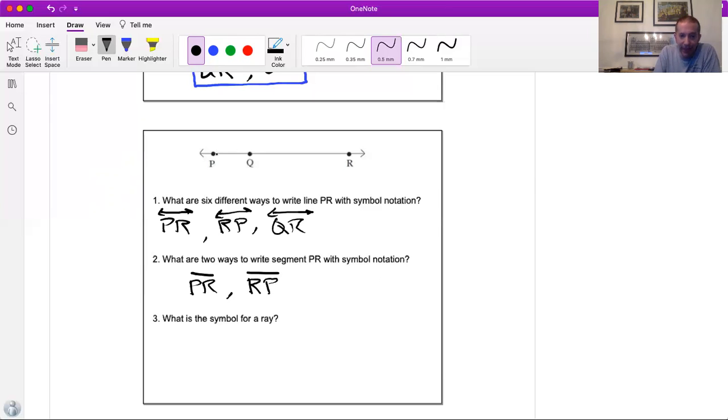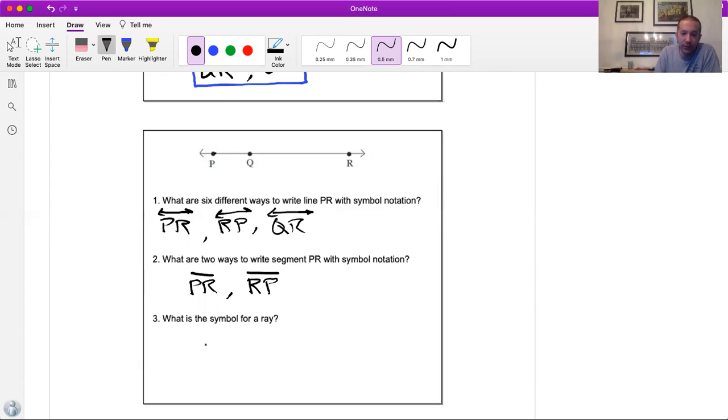Because it doesn't matter if I talk about the point P and the point R and all the points in between them. I don't care if I start at P and go to R, or start at R and go to P. I'm talking about the same collection of little points on the slide. So for segments, it doesn't matter which order you write them in. For lines, it doesn't matter which order you write them in. But for rays, it does, because a ray has a specific direction.